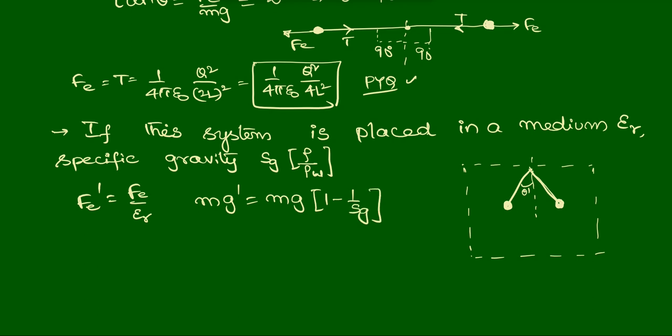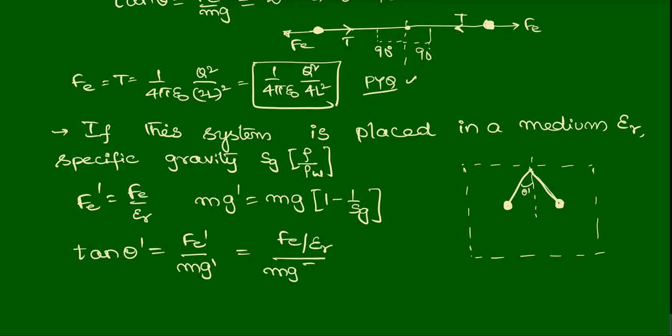So both will change, so that angle will no longer be theta. It will be tan theta dash, equal to Fe dash by mg dash, which is Fe by epsilon r by mg into 1 minus 1 by specific gravity.